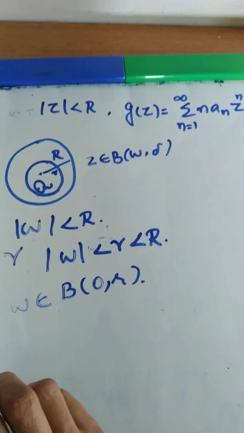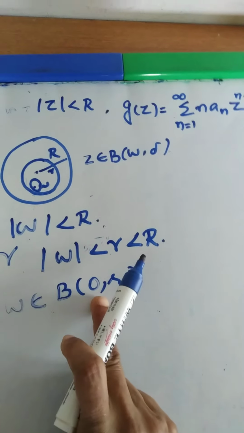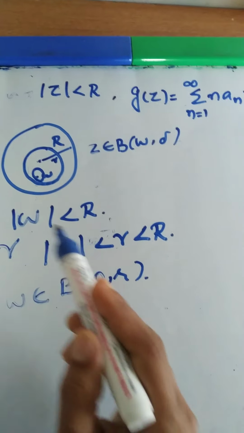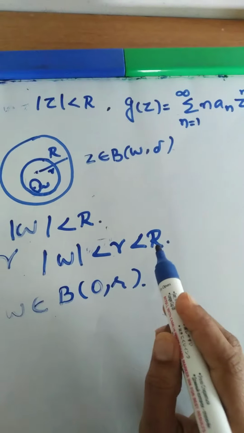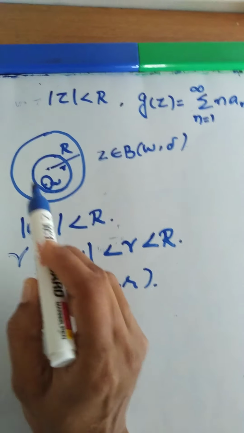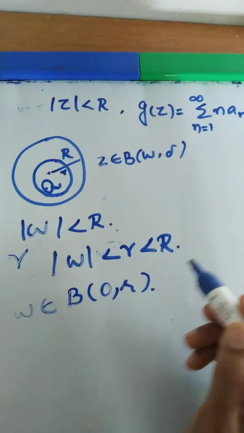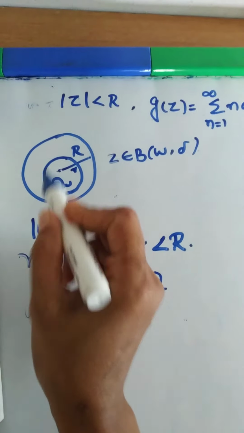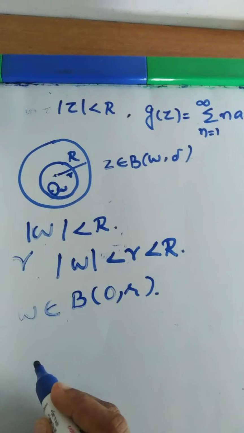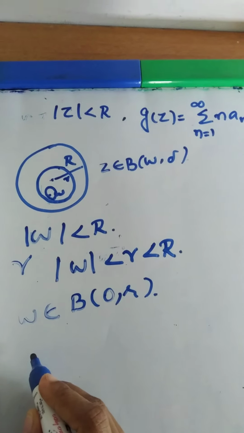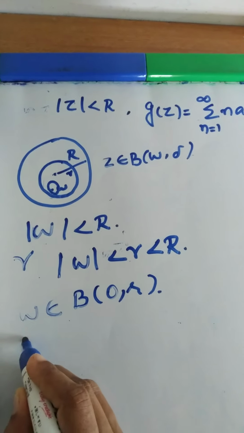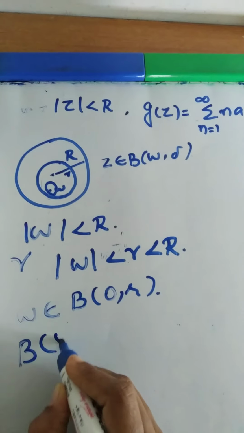Okay. Now again we restrict this circle. We make it smaller again. What are we doing? With W as center, again we consider another circle, with radius delta, inside the circle of radius small r. With W as center, that means BW.